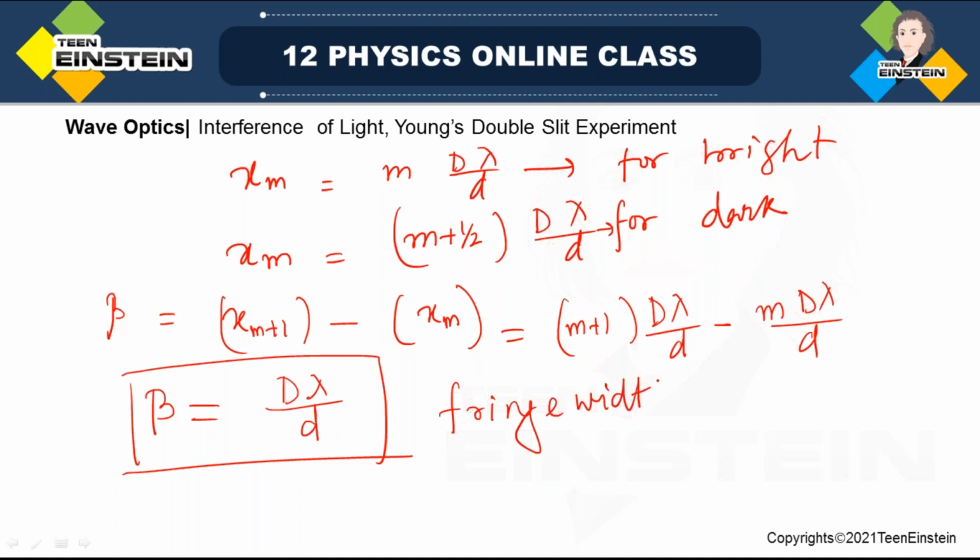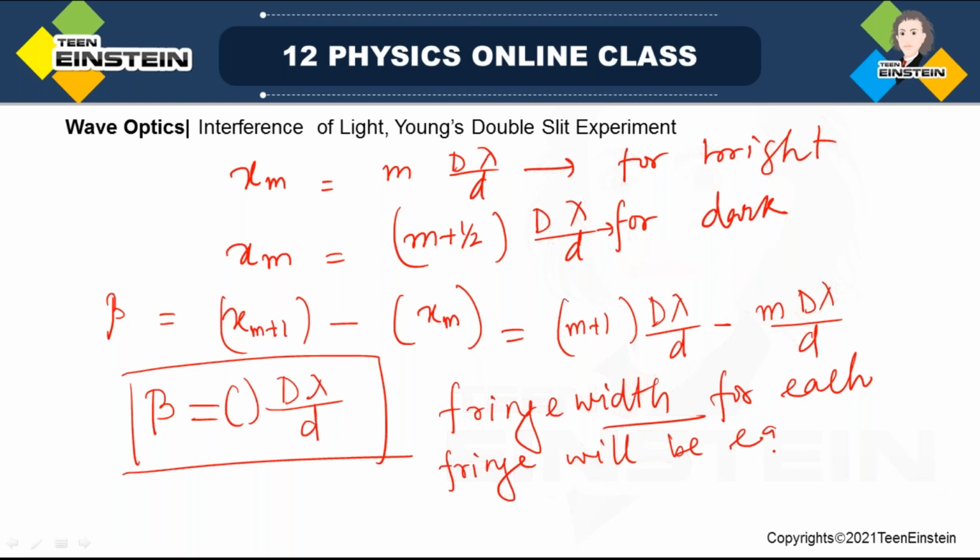And it is surprising that there is no M or N term here. That means what? Fringe width for each fringe will be equal.